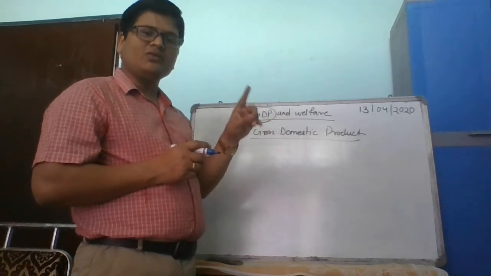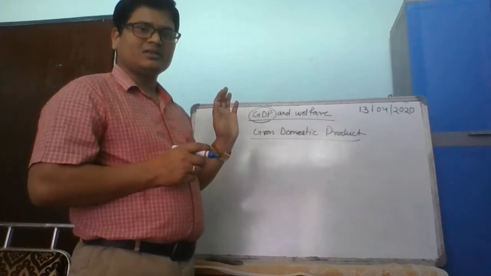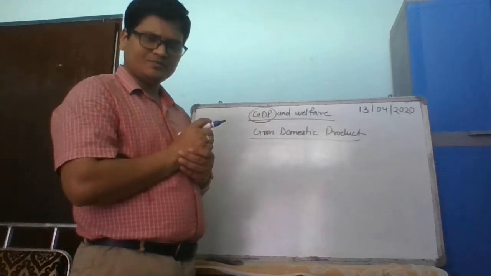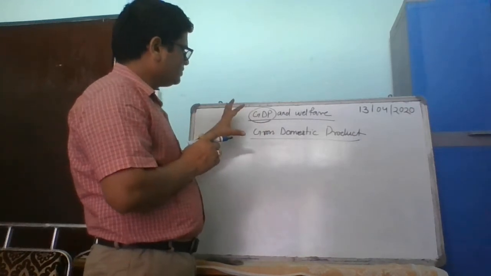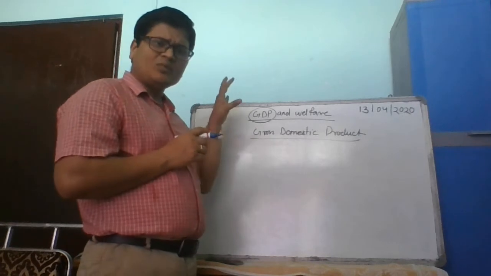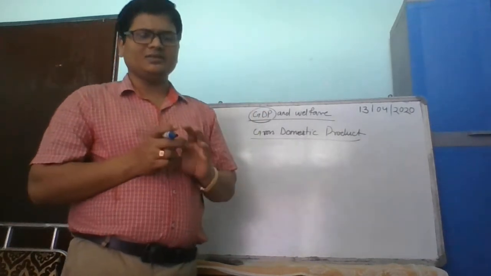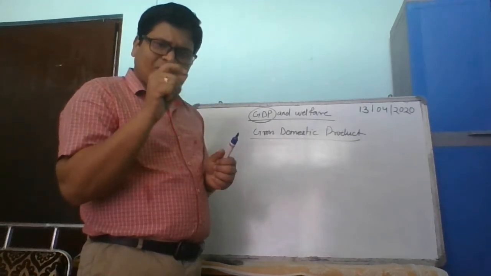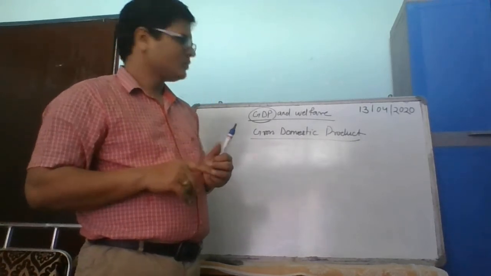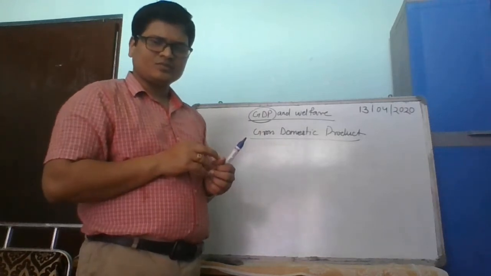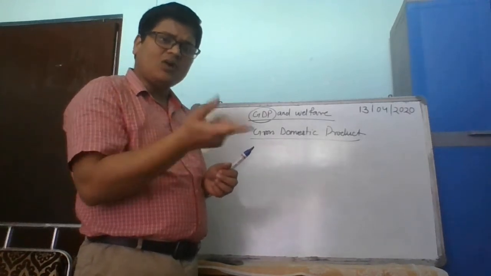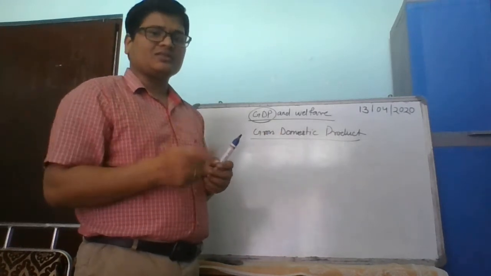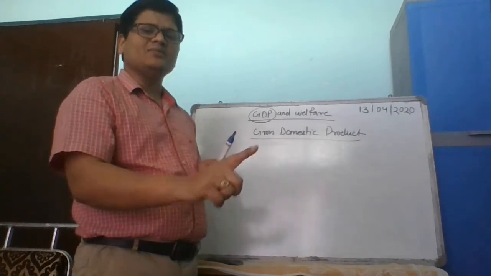If the market value of the base year is calculated, that is called real GDP. So, in the case of nominal GDP and real GDP, real GDP is the better indicator of welfare. We have discussed how. If output increases, real GDP increases.